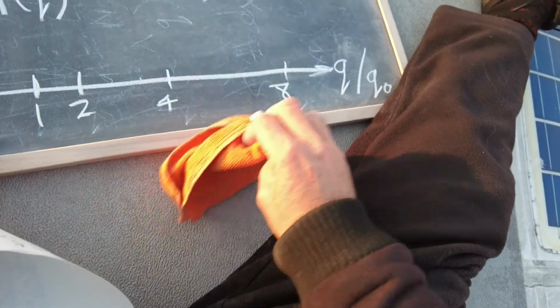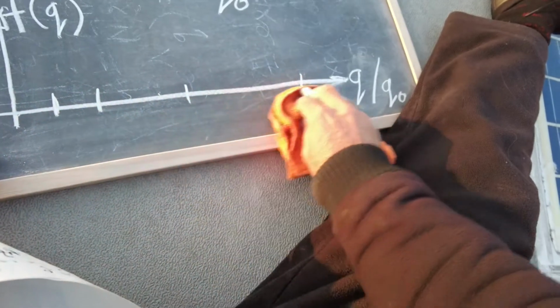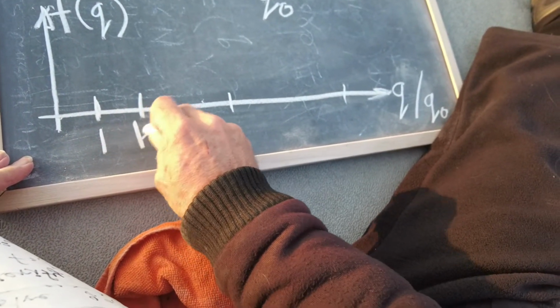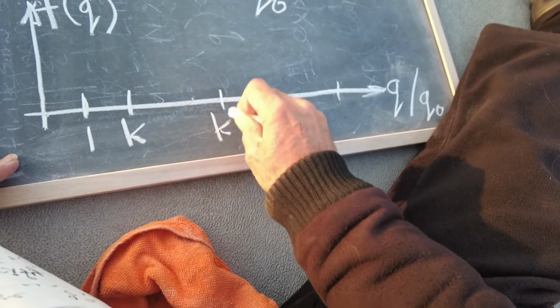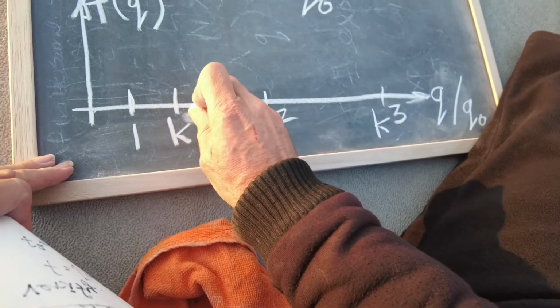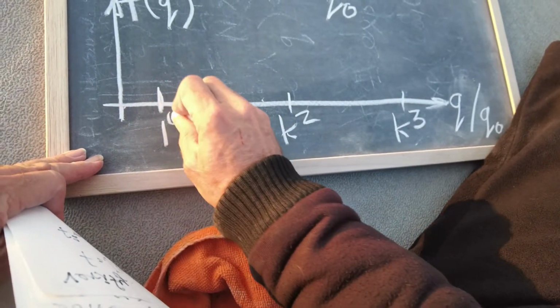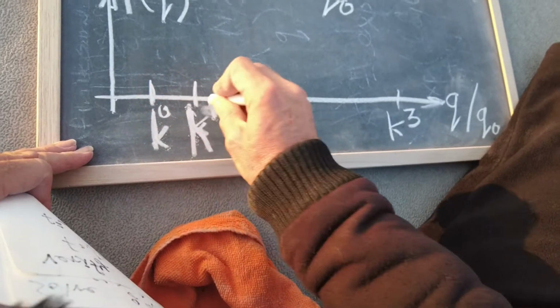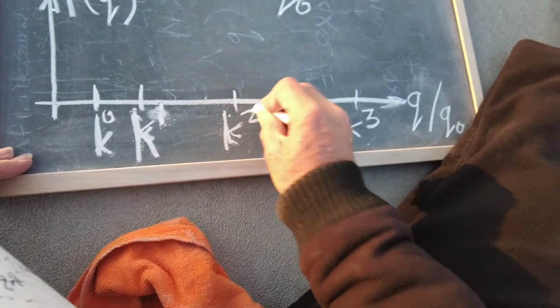And then more generally, for a general value of k, instead of 1, 2, 4, and 8, this becomes 1, this becomes k, this becomes k squared, this becomes k cubed, and of course k is just k to the 1, and 1 is just k to the 0. So I'll just write that as k to the 0, k to the 1, k squared, k cubed.